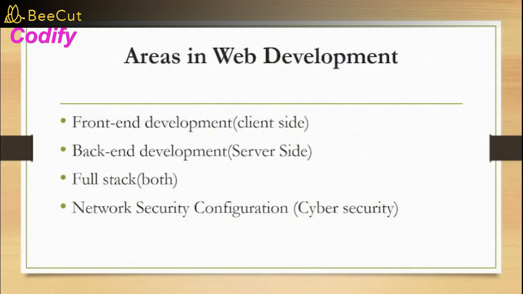So, areas of web development: front end development, client side; back end development, server side; and full stack. Somebody that is doing both front end and back end development at the same time is called a full stack developer. Then we have network security configuration, that is cyber security. These are the major areas in web development.